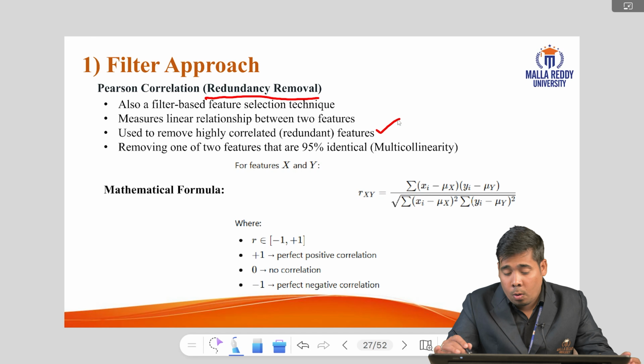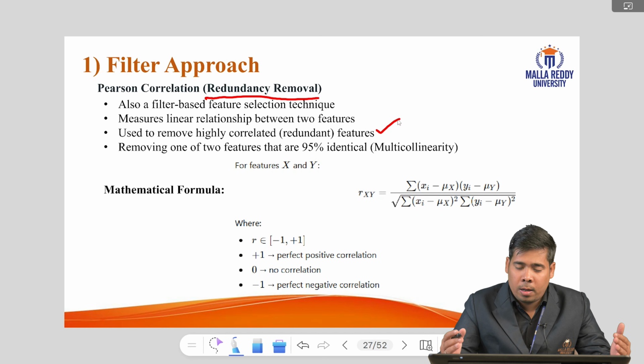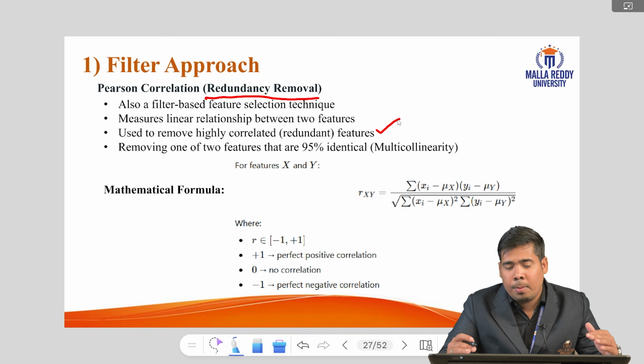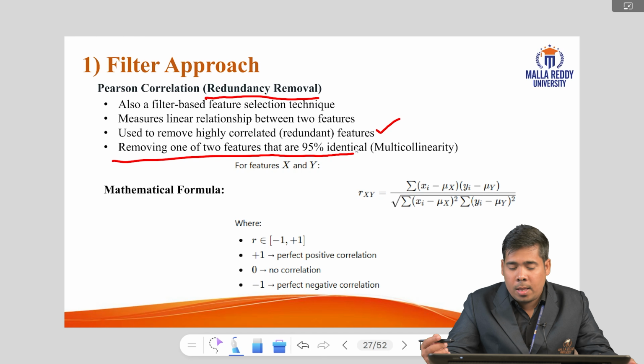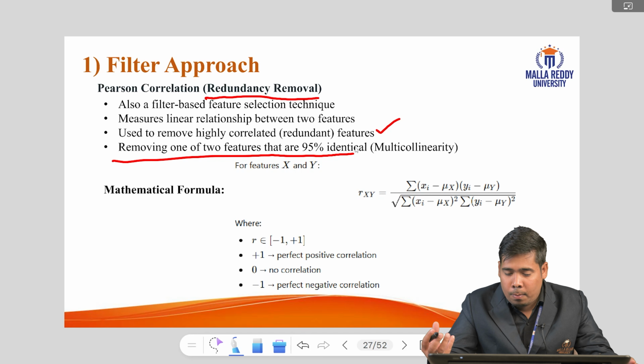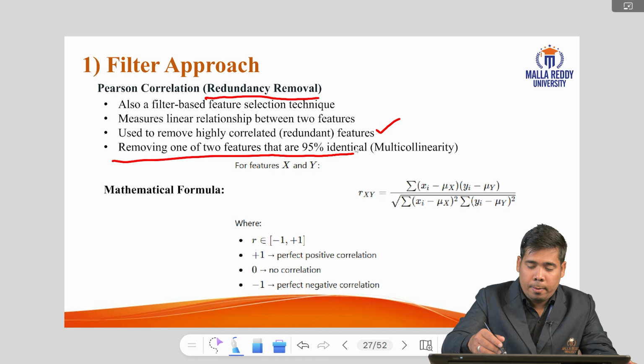If the correlation between two features is nearly 80%, 90% or 100%, then we need to drop one such feature. Why? Because the same kind of data is represented by some other feature. So we'll remove one of two features that show similar information.